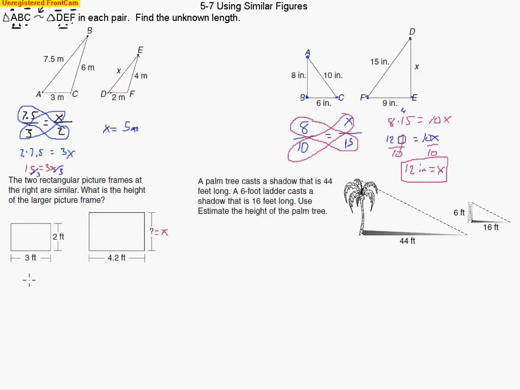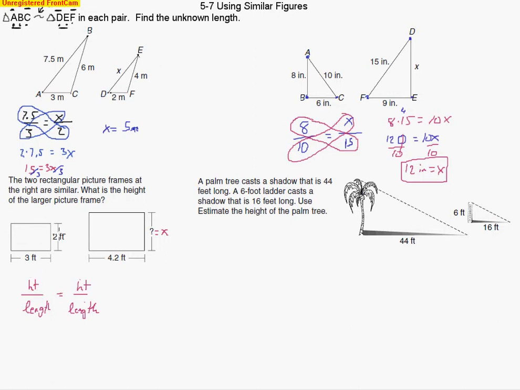So I'm going to do height over length, and then I'm going to set up the other one the same way, height over length. And again, you could do it many different ways as long as you've got corresponding sides in the same location of the fractions.